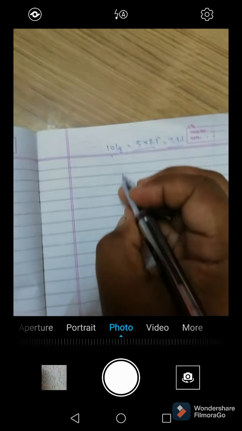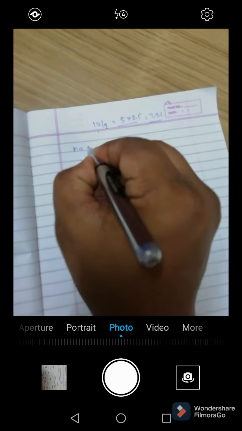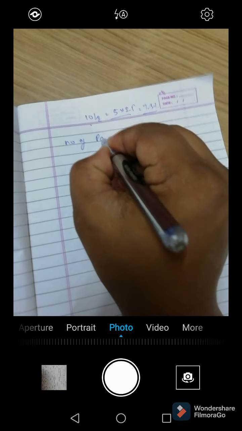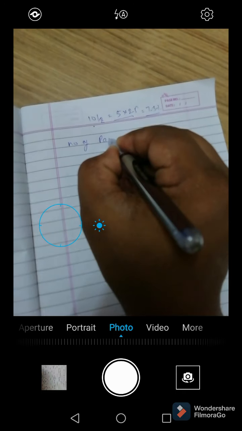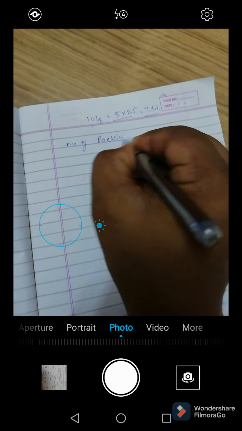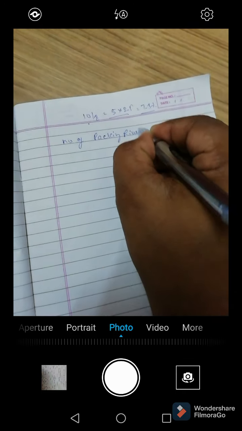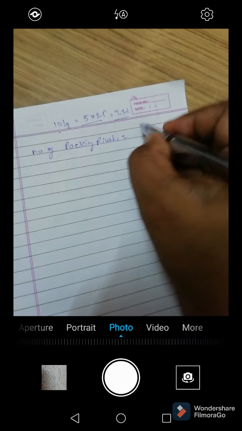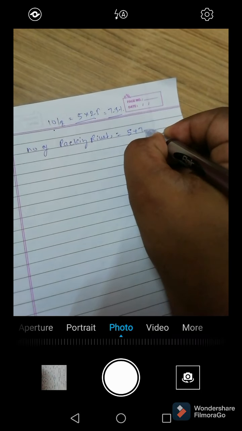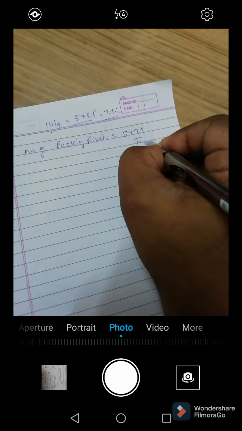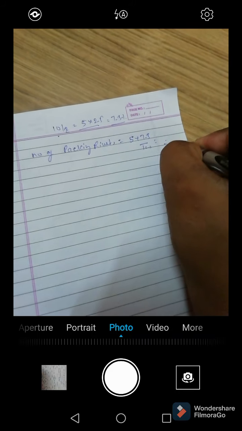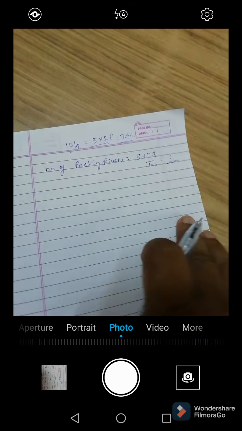So the number of packing rivets is 5 into 7.5 by 100. Whatever number comes out, that many rivets you are going to use for the packing.